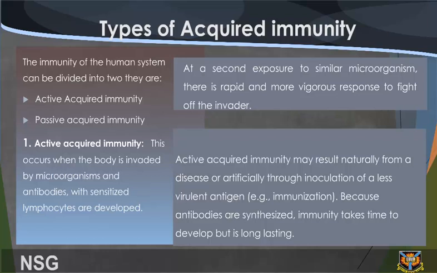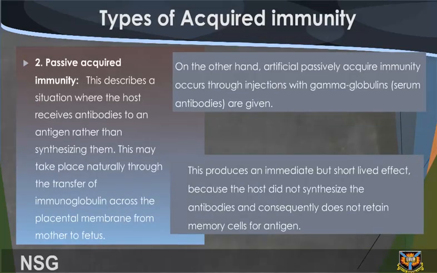At a second exposure to similar microorganisms, there is rapid and more vigorous response to fight off the invader. Active acquired immunity may result naturally from a disease or artificially through inoculation of a less virulent antigen, e.g., immunization. Because antibodies are synthesized, immunity takes time to develop but is long-lasting. 2. Passive acquired immunity.